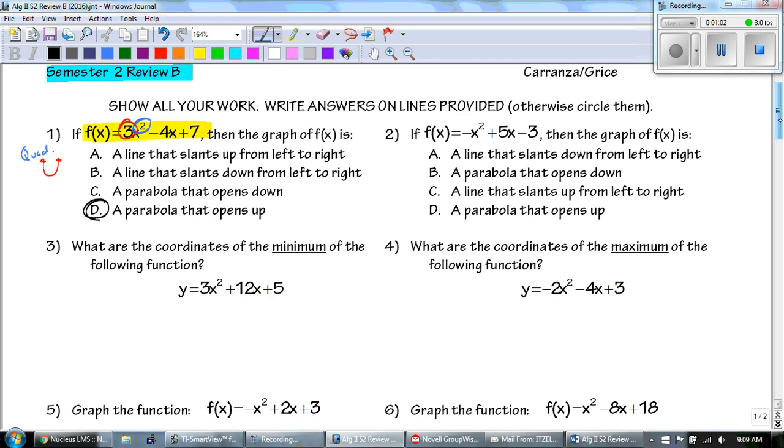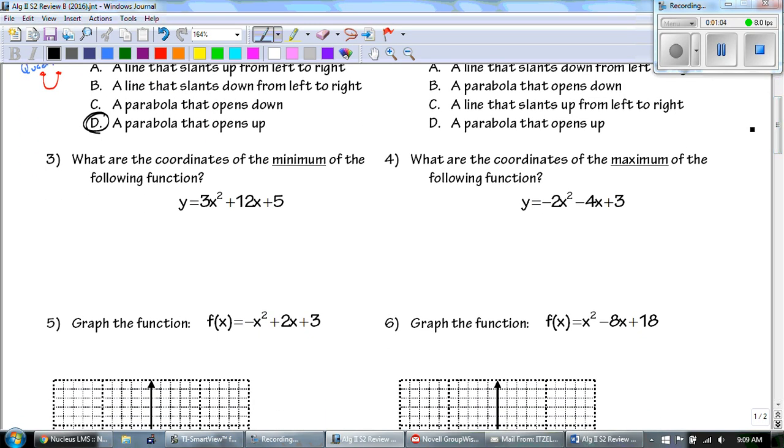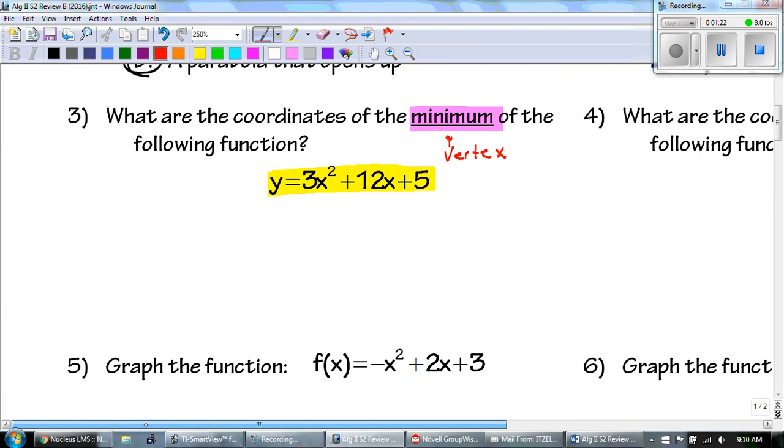Okay, so what are the coordinates of the minimum of the following function? Y equals 3x squared plus 12x plus 5. If they're trying to find the minimum, they want us to find the vertex. When we're finding the vertex, we take the opposite of B over 2A.